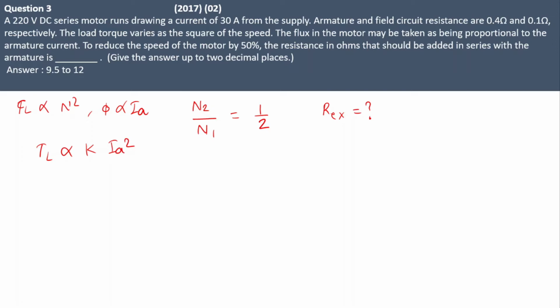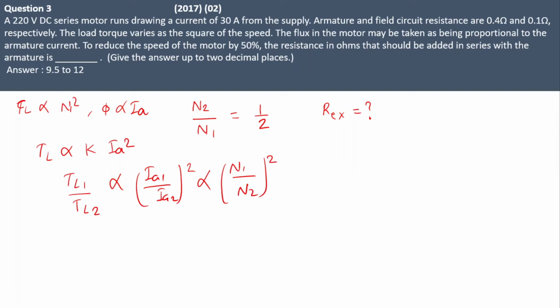So from here you can find out the relationship between TL1 by TL2, directly proportional to IA1 by IA2 whole square, and this load torque is proportional to N square, so it is N1 by N2 whole square.